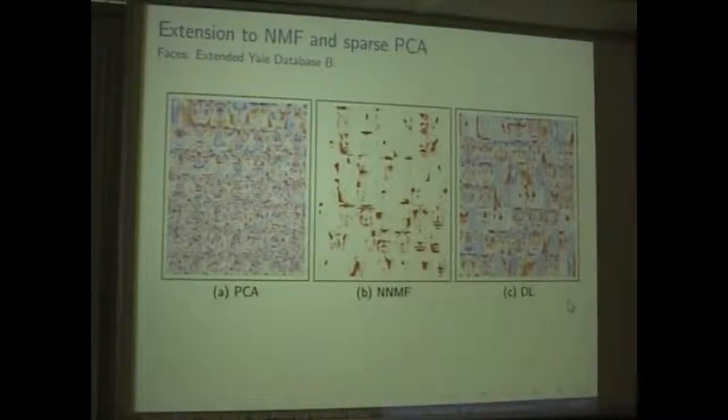Well, the question is, how big is this extended Yale database? I don't know how many faces it has. If you go to a very, very large collection of faces, you would probably find things like individual parts of faces, like you would find only mustaches and so on.